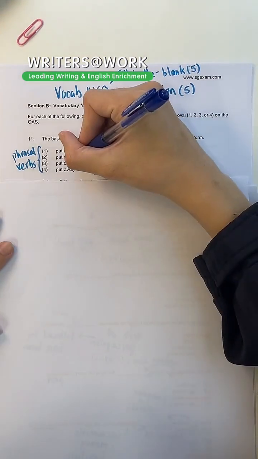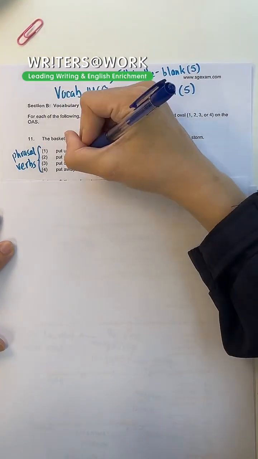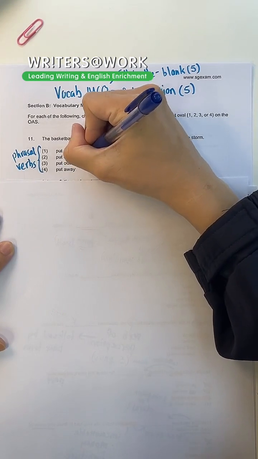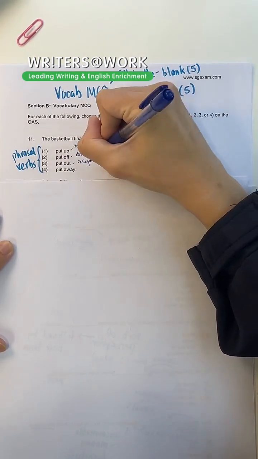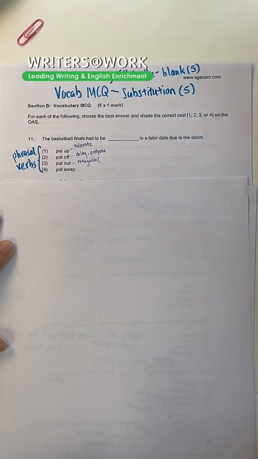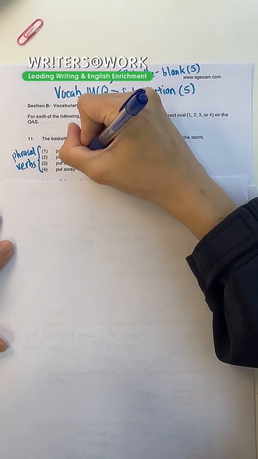Okay, let me go through the 4 phrasal verbs first, then I will answer some of the questions in the chat. The third option, put out, is quite special. It depends on the context, right? If it's the context of a fire, it's to extinguish a fire or a flame. For example, the firefighters put out the raging inferno. Okay, so that is to extinguish the fire.